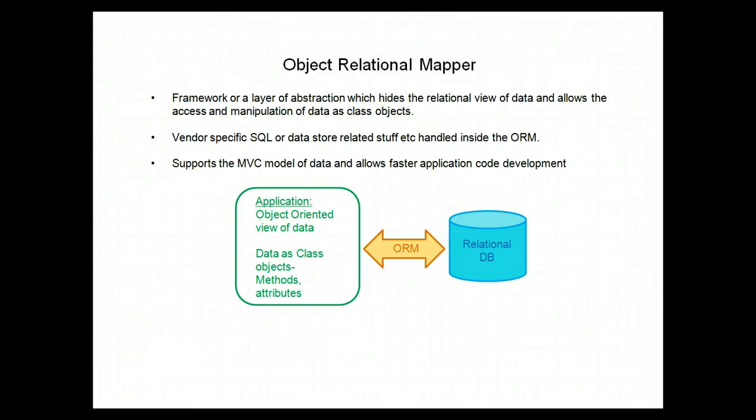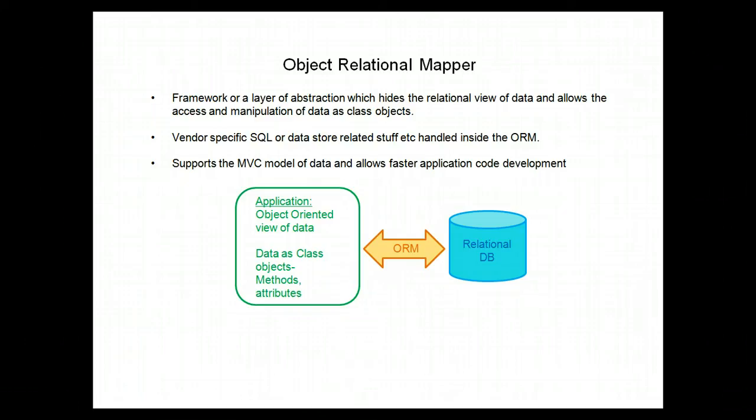So it basically hides the details or the intricacies of the data store, the querying mechanism, the SQL, and all you need to do is define your data as class objects and manipulate and use them, define methods on the classes, and you can retrieve all the information from your database, or you can do all the CRUD operations, and the ORM will take care of most of the stuff.